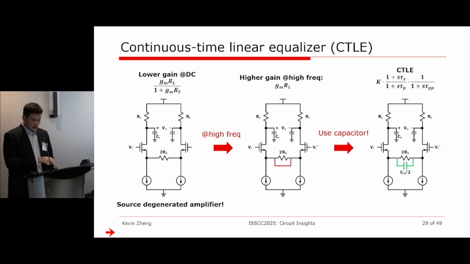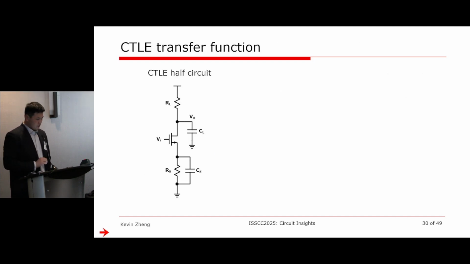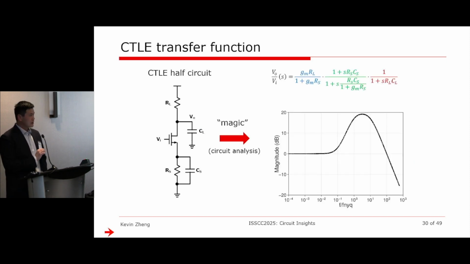And then it's got this whole transfer function now because there's an impedance, not resistance, in the circuit. So I won't go through the pain of deriving this. With the magic of circuit analysis I've done some other time, this is the transfer function of a CTLE in this example. Right? It looks complicated, but I do want to point out it's mainly just 3 sections. One is the low frequency gain, as we talked about.